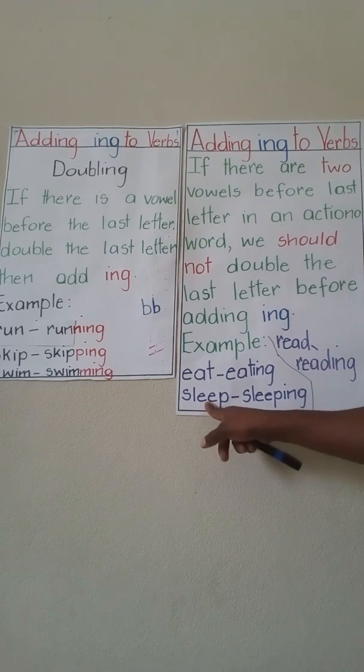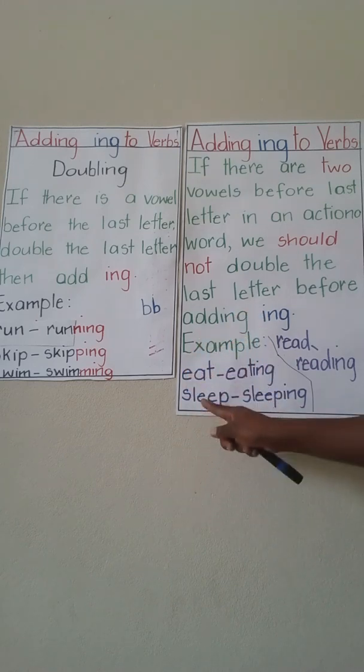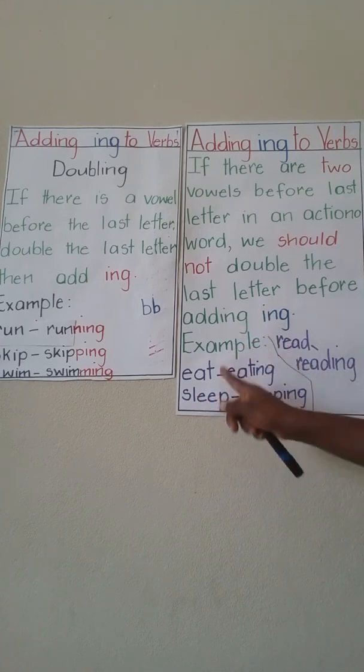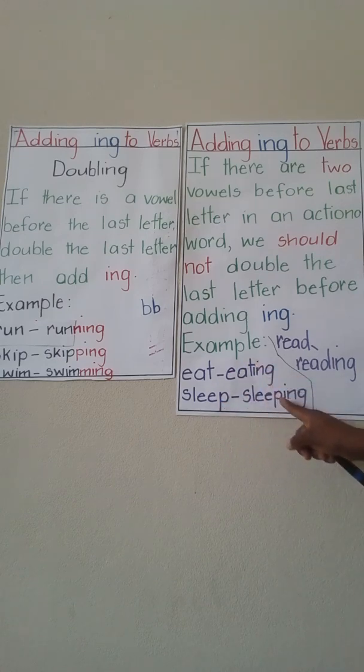Sleep. S-L-E-E-P. How many vowels are before the last letter in the word sleep? There are two vowels. Here they are. E, E. Two vowels. And because there are two vowels before the P, we do not double the P. So we do not write another P. We just add ing.